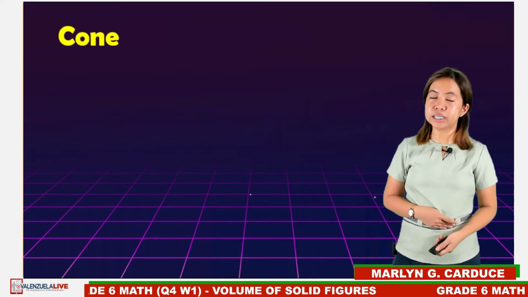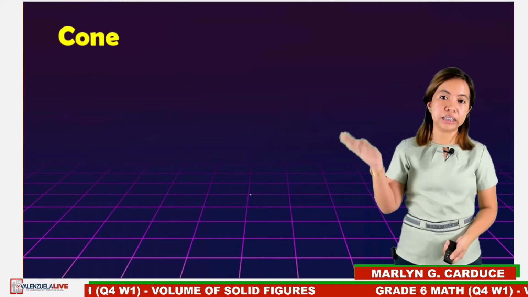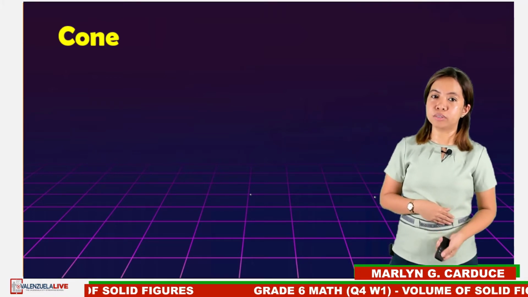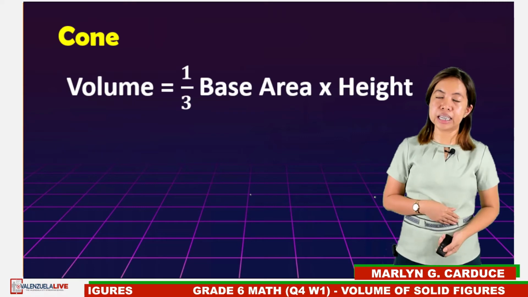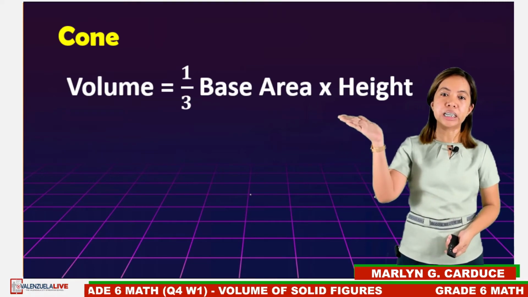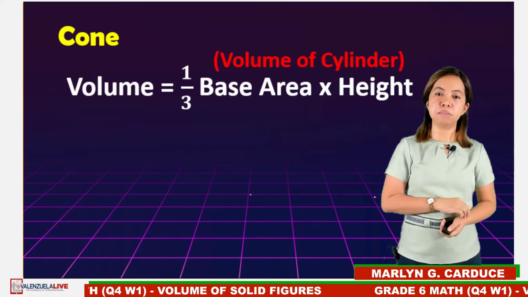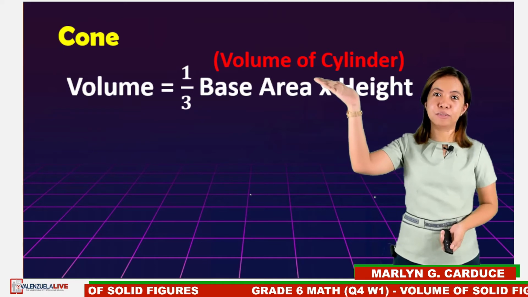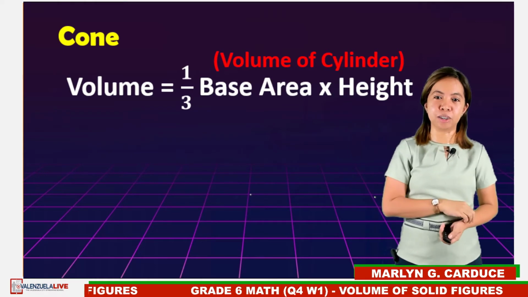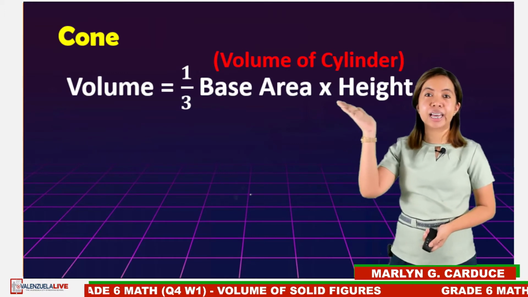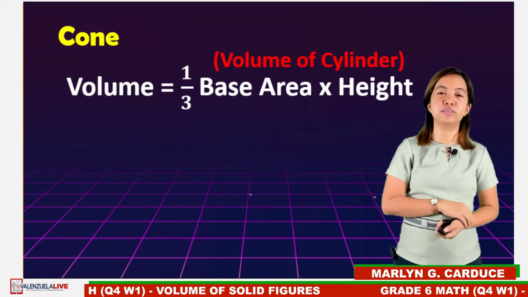So this result leads to the formula in solving for the volume of a cone. And that is 1/3 the volume of the cylinder, or 1/3 the area of the base times the height of a cylinder.